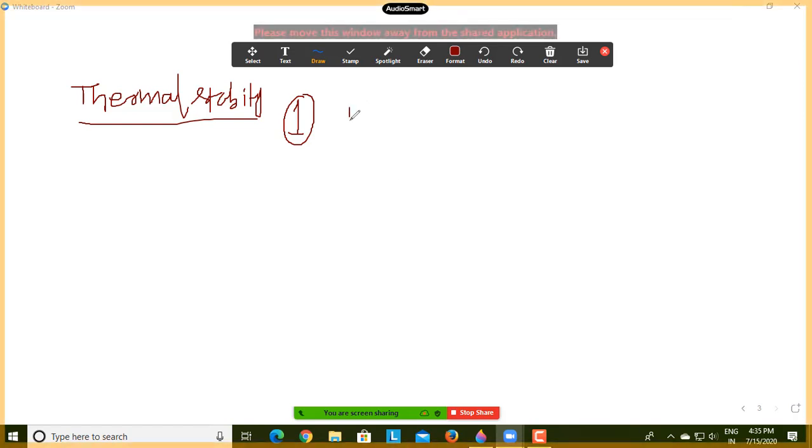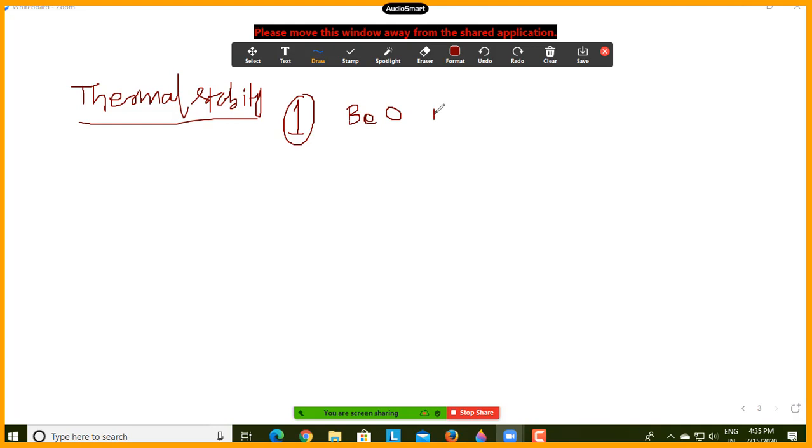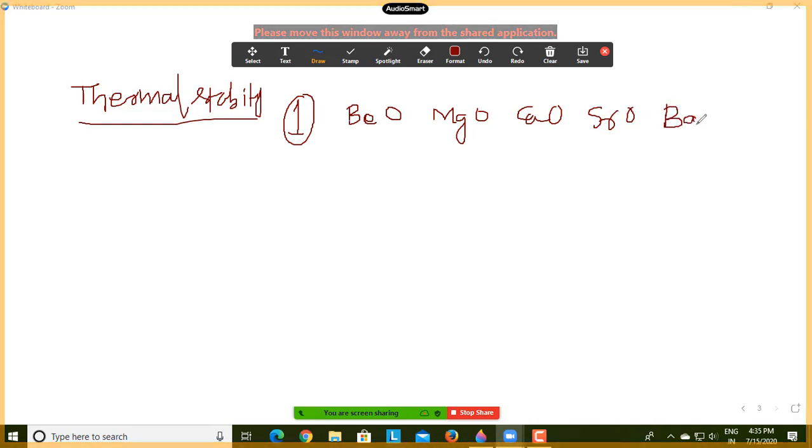So let us take beryllium oxide, magnesium oxide, calcium oxide, strontium oxide, barium oxide. Okay.